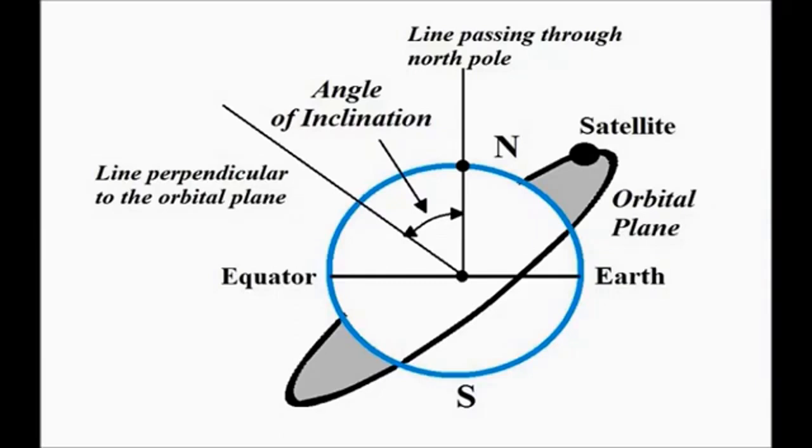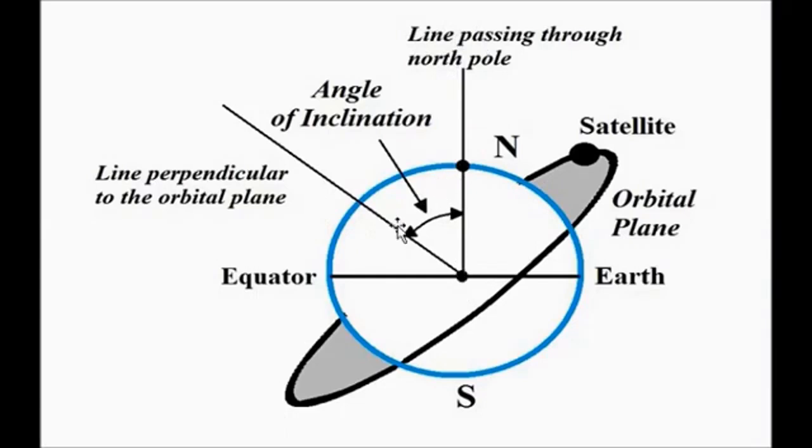And we have another line passing through the North Pole and also the geocenter. So these two lines are important. First line passing through the center of the Earth perpendicular to the orbital plane. Second line passing through the North Pole and the geocenter.